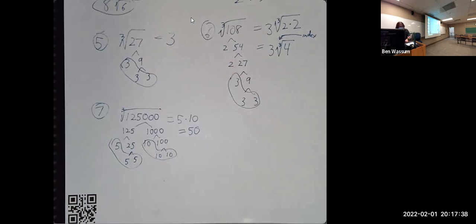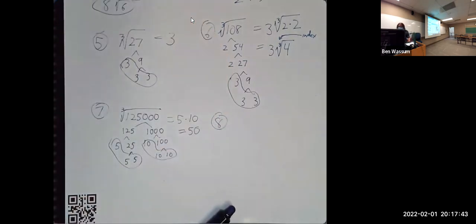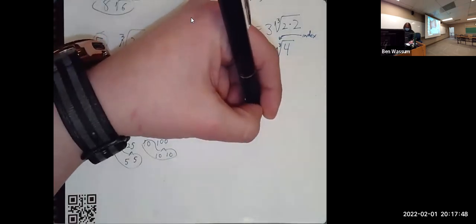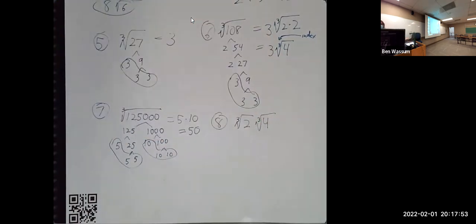And number 8. We have a cube root of 2 and a cube root of 4 multiplied together. Oh man, when I review this next class, I'm going to make some really off the wall problems. I got some ideas. Well, notice that the square root and the cube root rules were very close together. Same idea happens here.